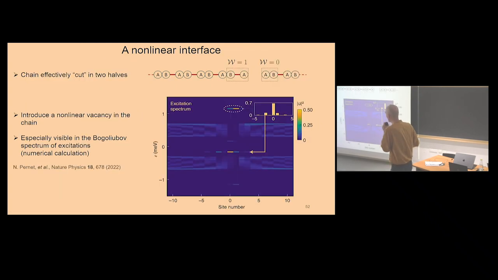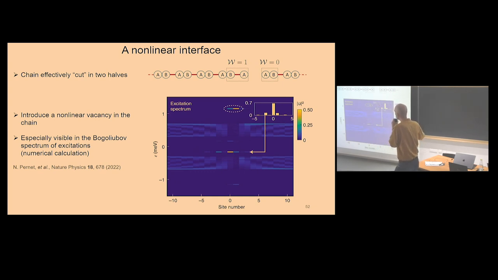So basically, due to this nonlinearity, we are able to shift one side away in energy from the rest of the lattice, and we end up with two remaining lattices; we have optically cut the lattice in two halves. One lattice here is terminated by the dimer, but the other lattice here is terminated by a single site. So it is completely cut in half.